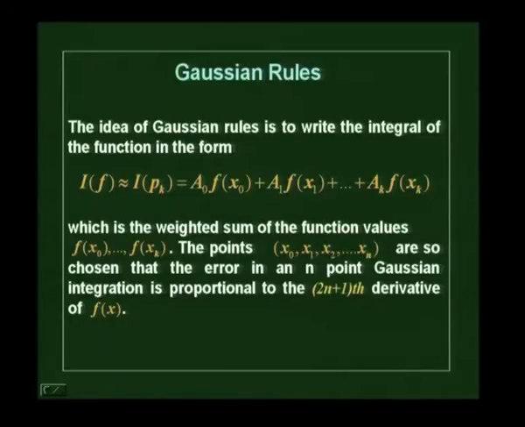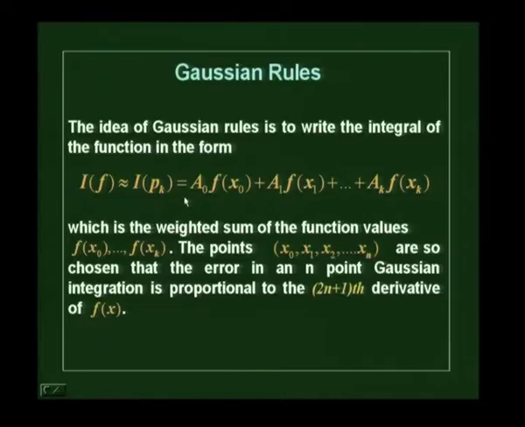So in the Gaussian rules, the idea is, again, to write the integral of the function as the integral of a polynomial of order k. And in this method we want to write this as a sum of the function values evaluated at these different points, that is x0 to xk, k plus 1 points here, multiplied by some coefficients a0, a1, up to ak.